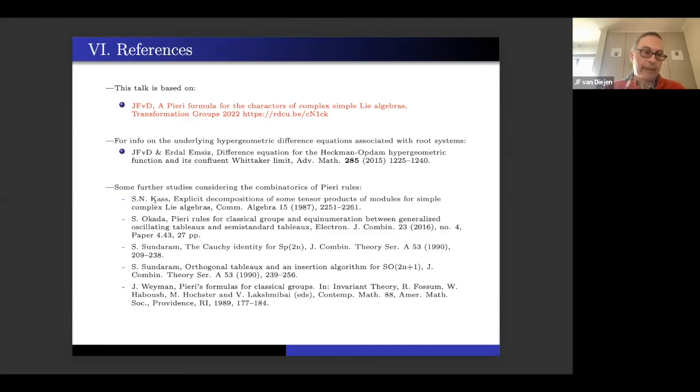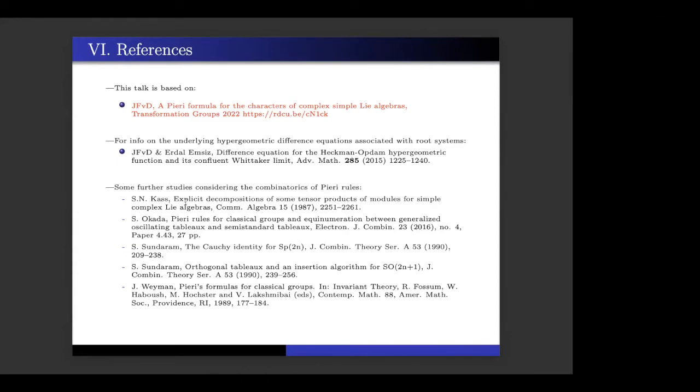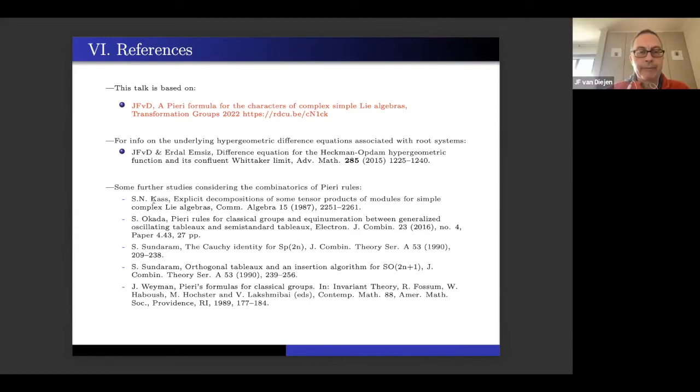Some more papers, previous literature. So I already mentioned this paper of Kass, which computes the tensor multiplicities in the case of minuscule and quasi-minuscule representations. Also, in the case of the adjoint representation, that case is also covered by Kass. And well, for minuscule it really gives immediately the same thing.